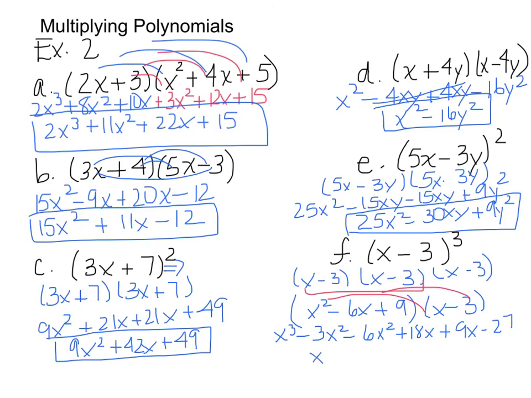So you'll get x cubed minus 9x squared plus 27x minus 27. And that is multiplying. And even if you see any problems where you have to add or subtract with 2 variables, just remember to combine like terms. And that's it.